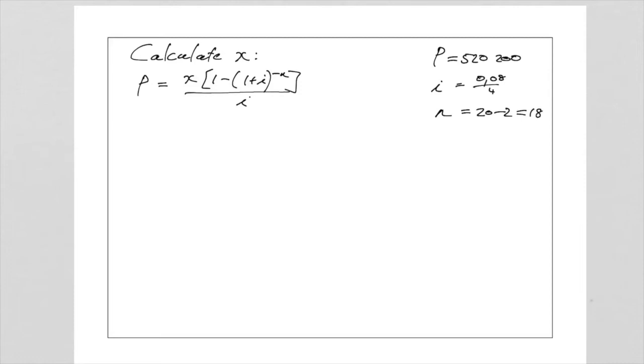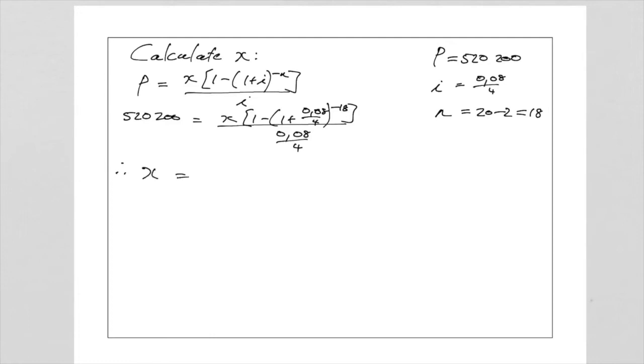So let's now substitute. We say 520,200. X is what we want to calculate. 1 minus (1 plus 0.08 over 4), my exponent is minus 18, over 0.08 over 4. I'm sure you still remember during our discussions on present value annuities, when the question was to calculate X, how did we find X?